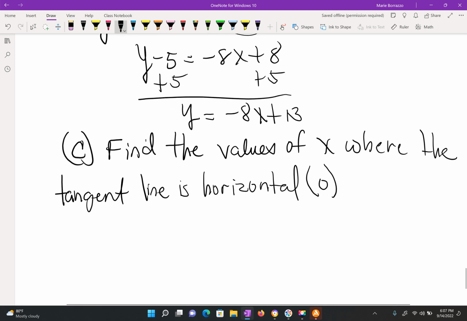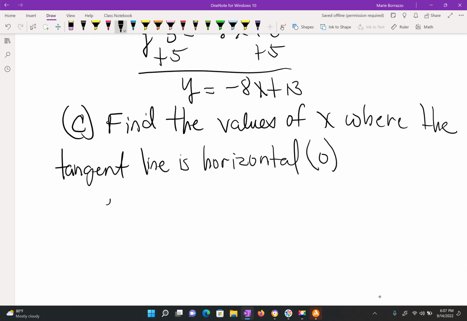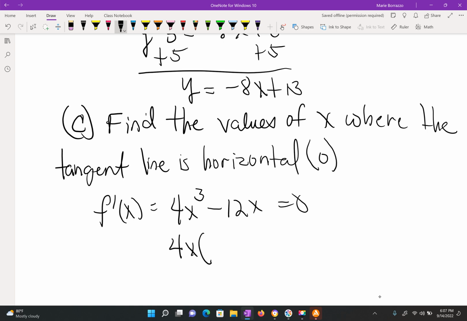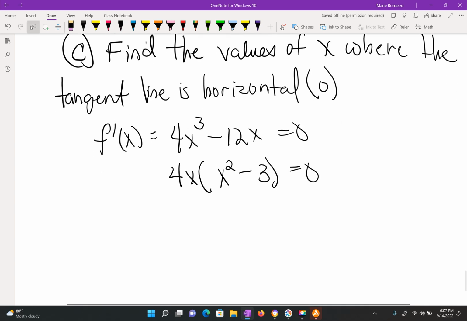So we're going to take that slope formula, or that first derivative formula I should say, and we're going to say, well, that's 4x cubed minus 12x has to equal 0. If I extract what is common to both terms, I get 4x, leaving me x squared minus 3 is equal to 0. So technically, this is a repeating 0.